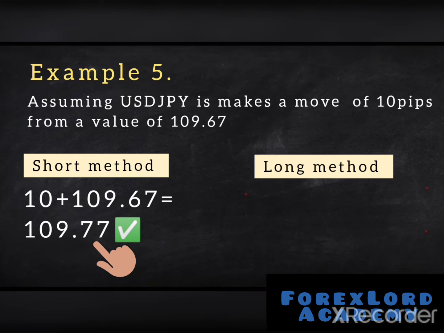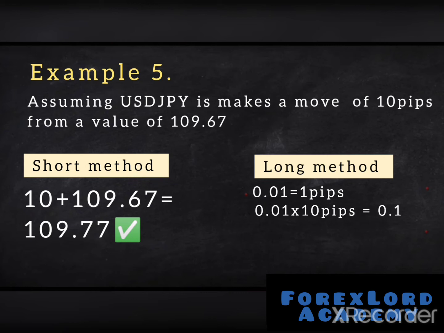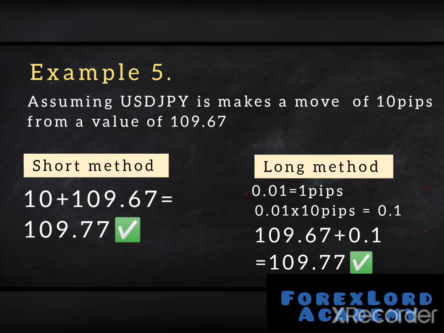Simple calculation, short method. Now let's go to the long method. Since we know 0.01 is equal to 1 pip of JPY, we say 0.01 times 10, which automatically equals 0.1. So 109.67 plus 0.1, our new value gives us 109.77. Same answer as above, right? Both the short method and the long method are very simple.